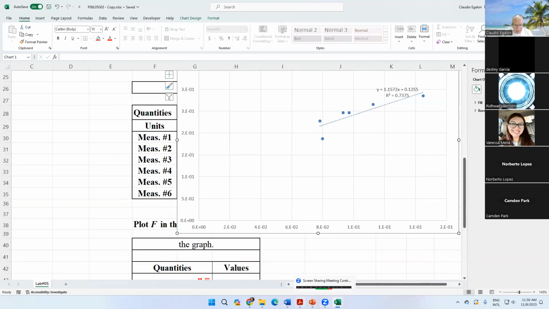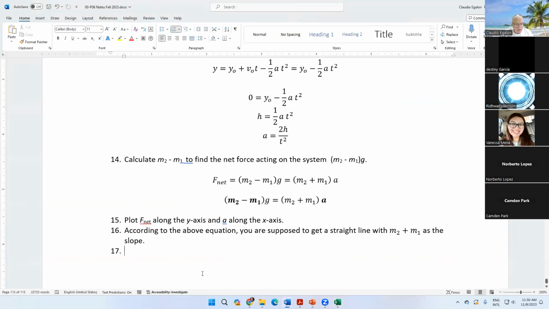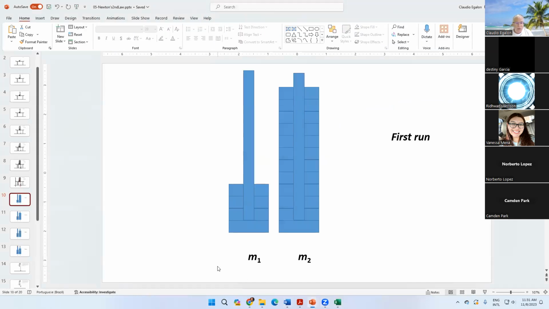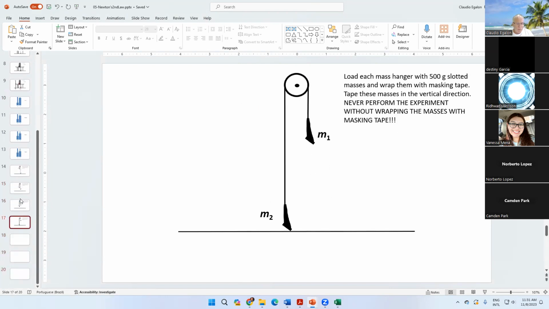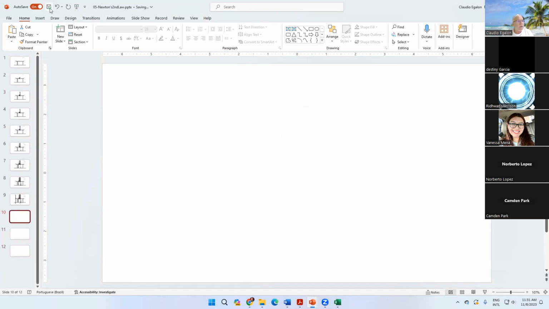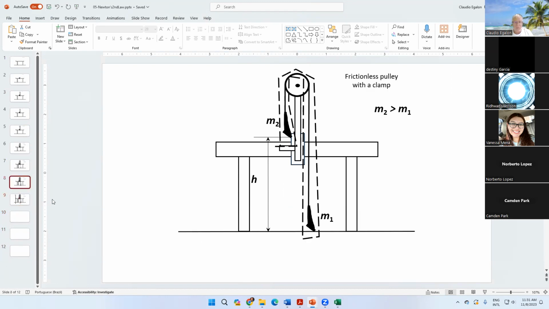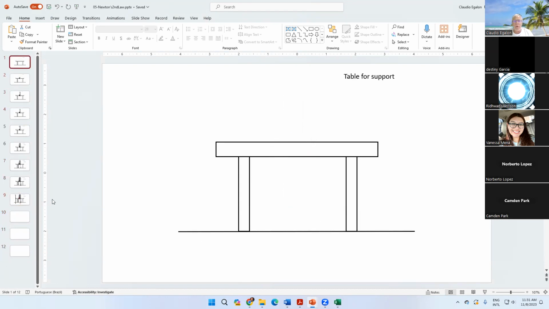So 11:30. We did everything that you need to know. Let's see, this one here, first run. I don't need this. I can erase it. Good. Now you're in good shape. Let's review this experiment again. Table, rod clamp, rod attached to the rod clamp.